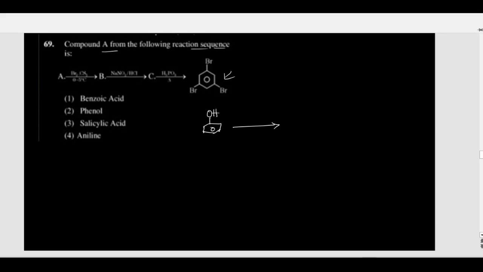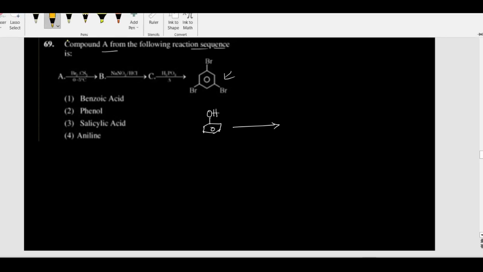Here they are asking for compound A from the following reaction sequence. They have given the reagents and the final product. We just need to find what compound A is. Let's start with phenol. In the case of phenol, it depends on the solvent.